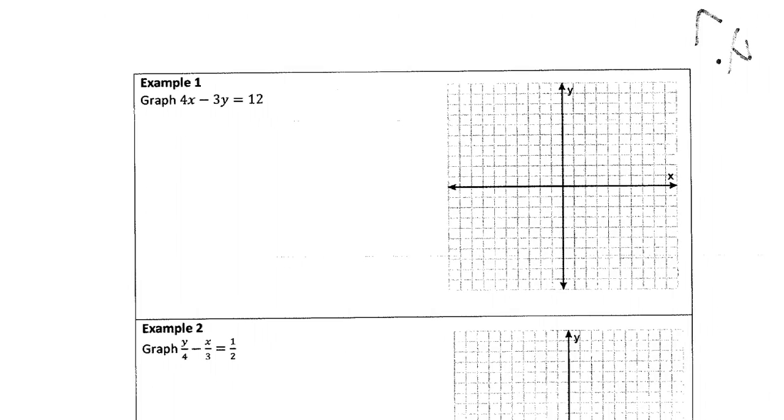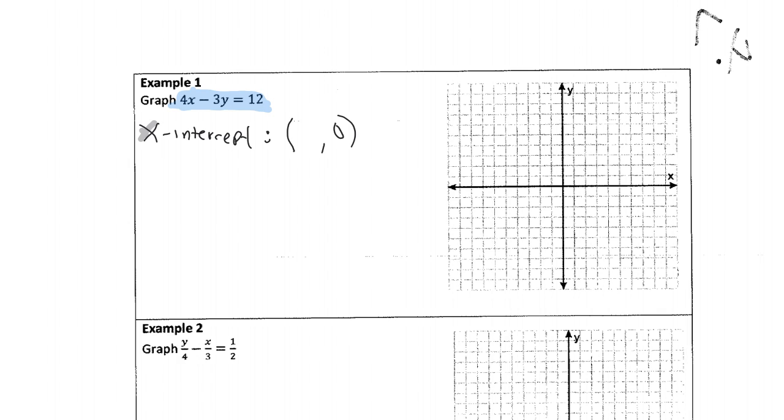So again, we have standard form here. So whenever we're given standard form, we're just going to graph using our x- and y-intercepts. So our x-intercept is what we need to find first. X-intercept is written as a number, 0.